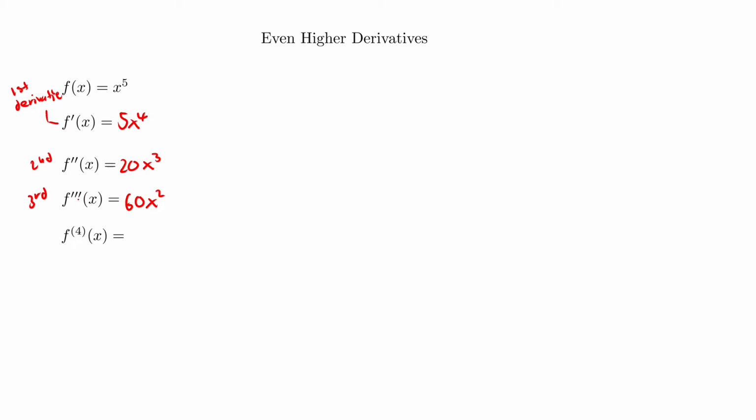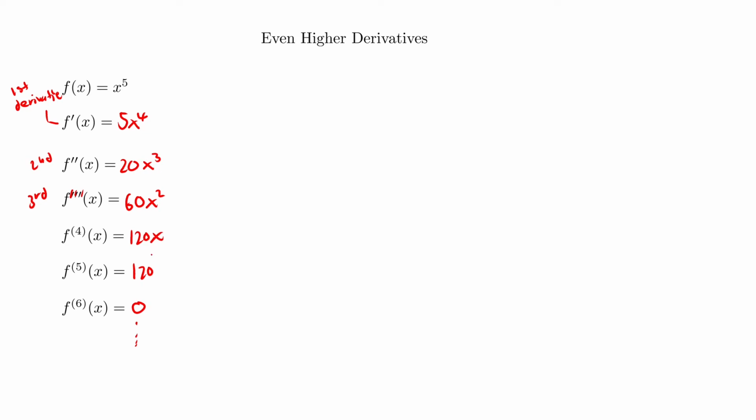Typically, what we do after we use 3 prime markings here is we just notate it with f and then some open parentheses, and whatever the derivative number is will go up there. That's just the fourth derivative. This is going to be 120x. The fifth derivative will just be 120. And then the sixth and any subsequent derivatives in this particular example will be 0.